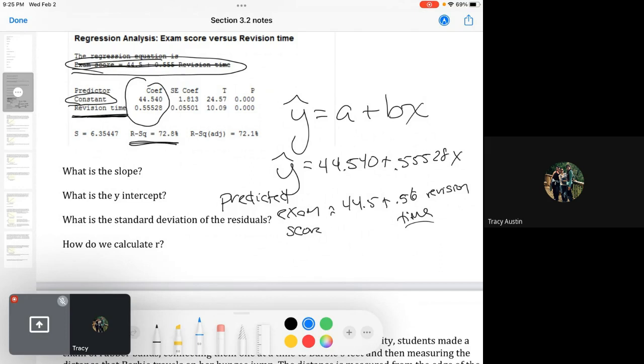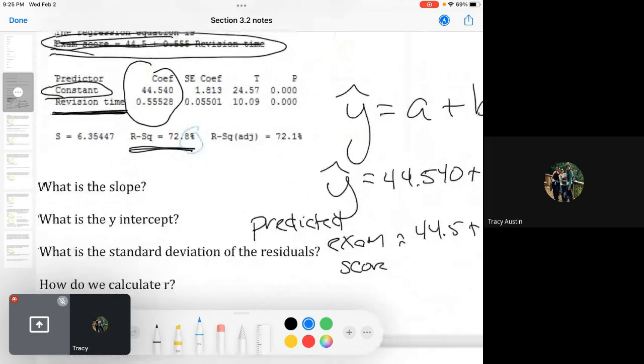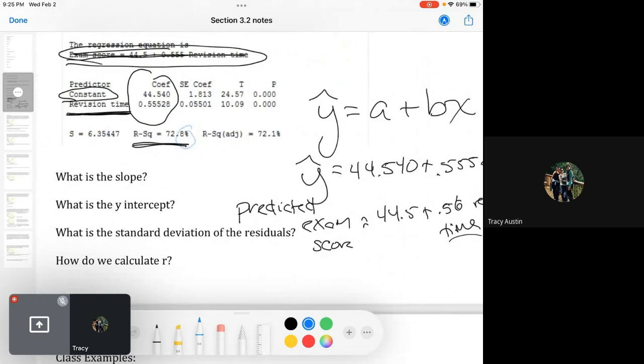Now, here's the deal. You need to put it in. See, notice that it is a percent. I don't know if y'all can see that. I can make it bigger. That is a percent. So you need to put it in the calculator as a decimal when we calculate R. So you're actually going to take the square root of 0.728.